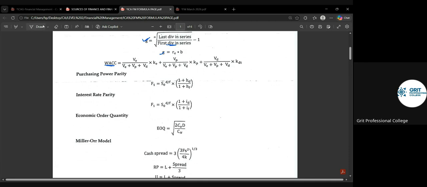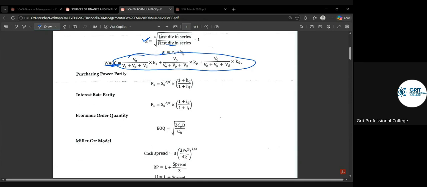You can clearly see the WACC formula, and this is what you see over here. This formula is assuming that the company is using equity, that's your common shares. And then here you have the value of preference shares. So again, we saw that one of the sources of finance is preference shares.